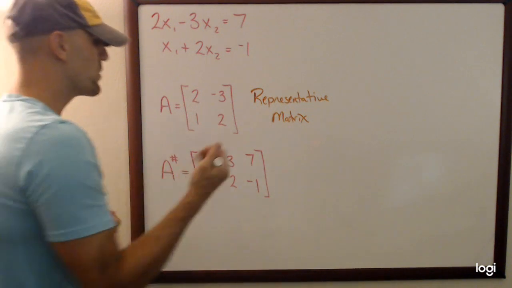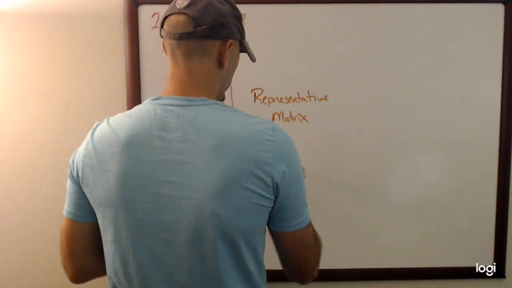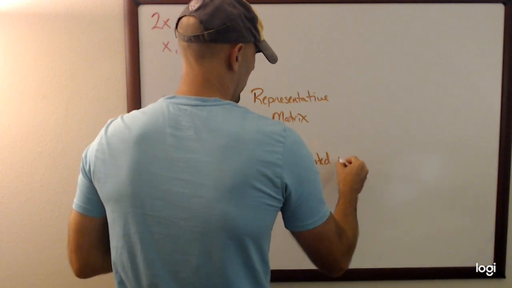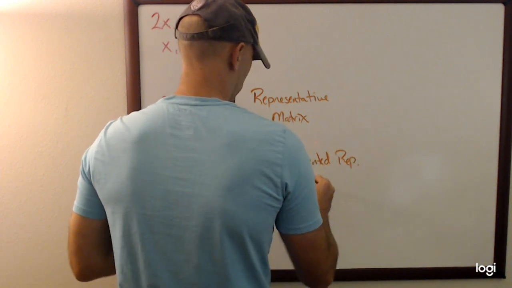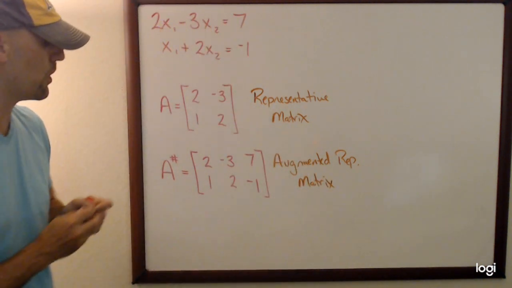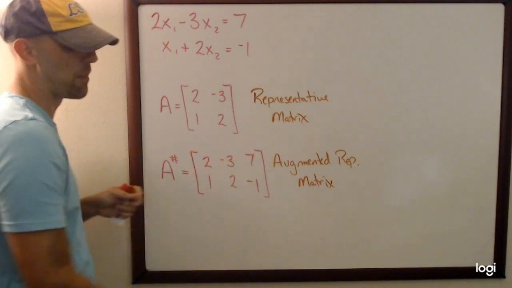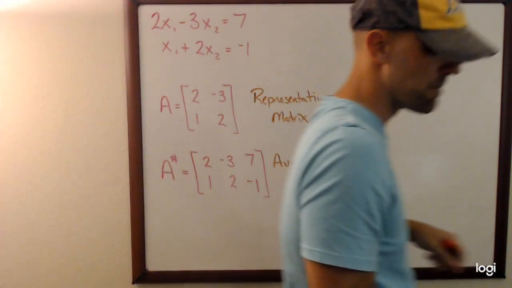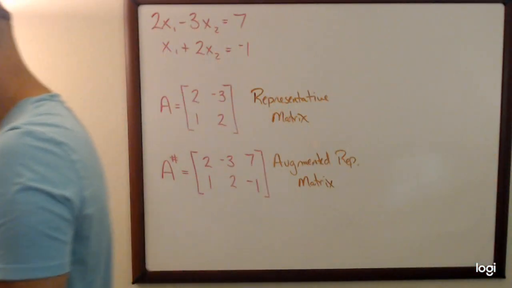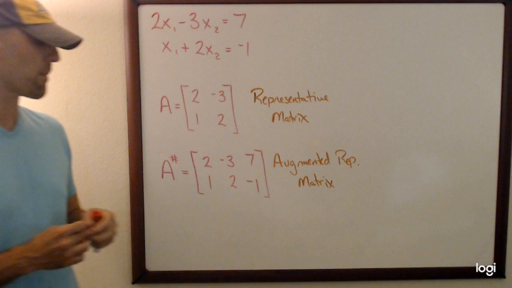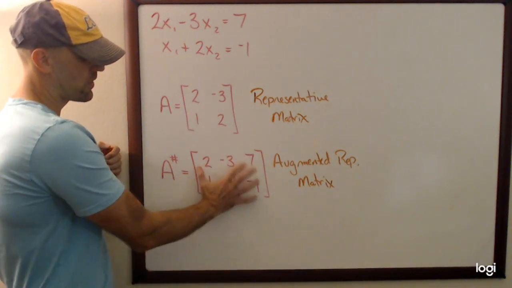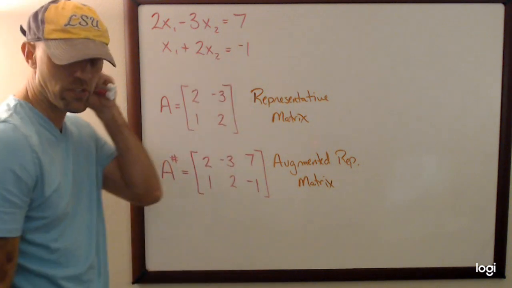This one we're going to call our augmented representative matrix A. And this, to be perfectly honest, is the matrix we're going to use for basically all of these things. From this matrix, in the next section, we are going to learn some operations whereby we can use this, and exclusively this, to solve our system.